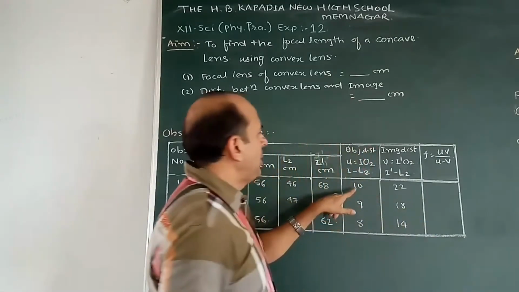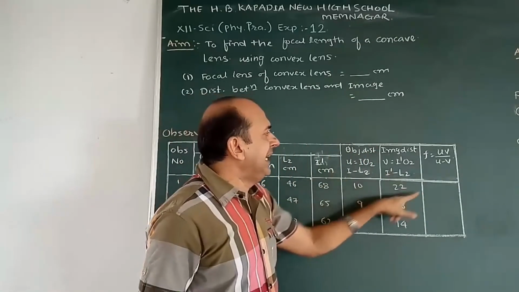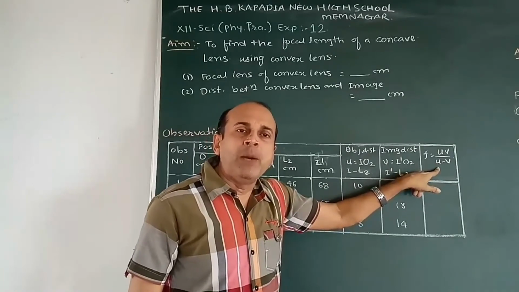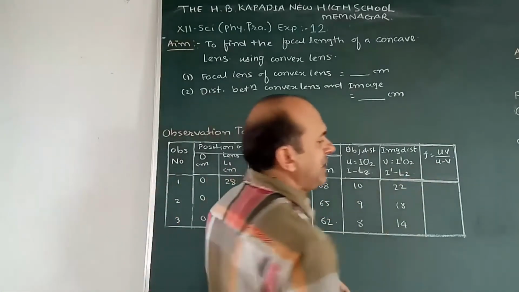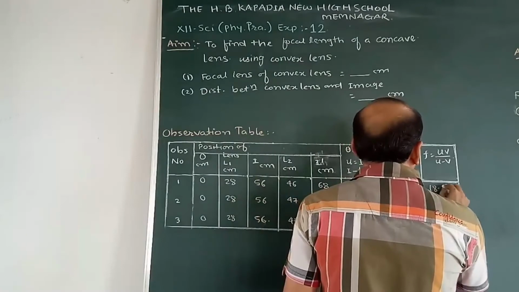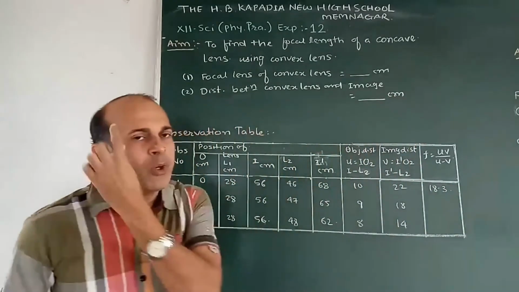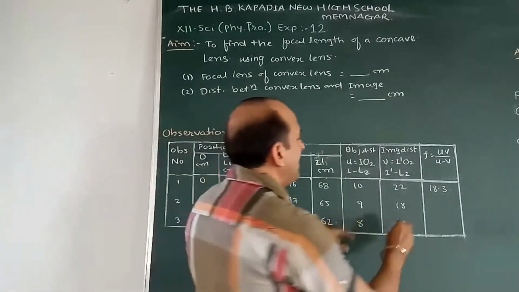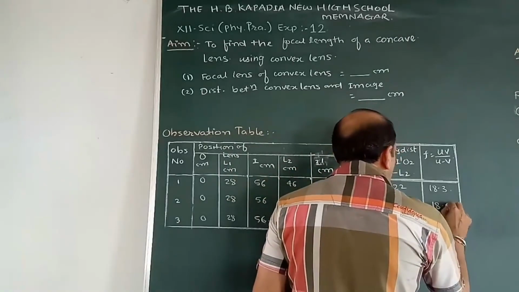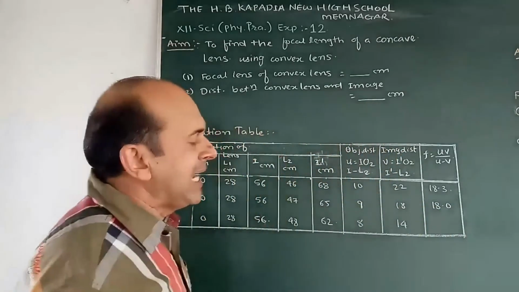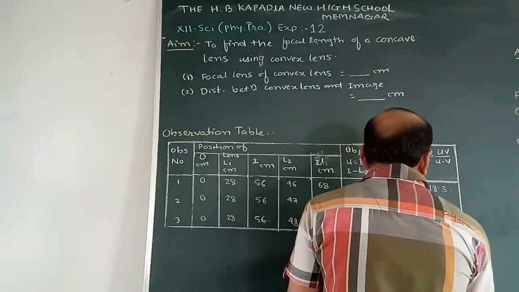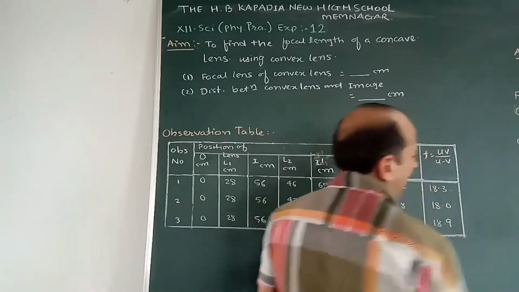When you substitute the values of U and V in the formula for focal length, UV upon U minus V, you will get the focal length of the concave lens as 18.3 centimeter. Similarly, the next is 18.0 and the last is 18.9 centimeter.